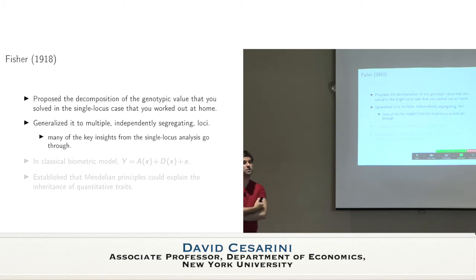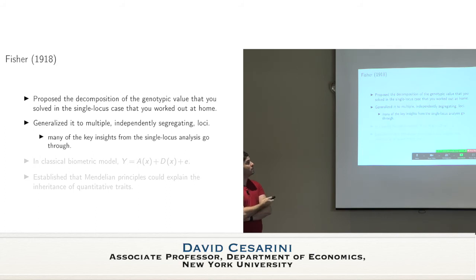There was a group of people, referred to as biometricians, who didn't think this was the case. Fisher showed that the same principles worked and reconciled the two schools of thought. One part of the argument was that if you have a lot of loci contributing to some outcome, you add them all up, and you quickly get something that looks approximately bell-shaped.